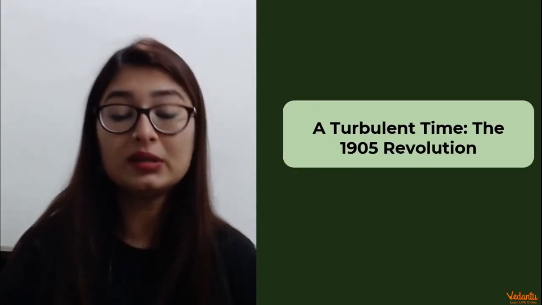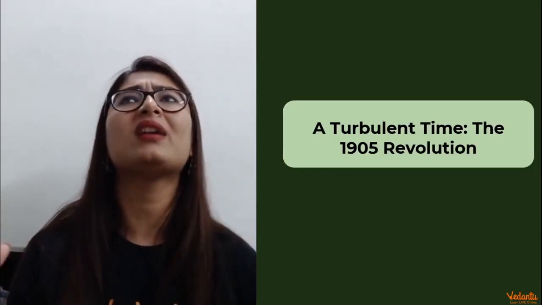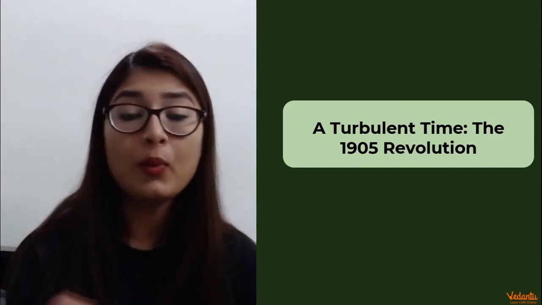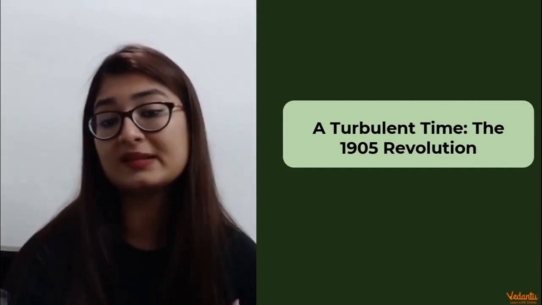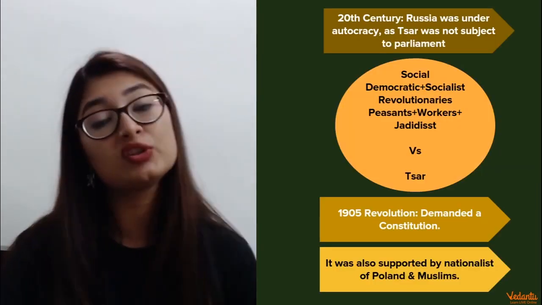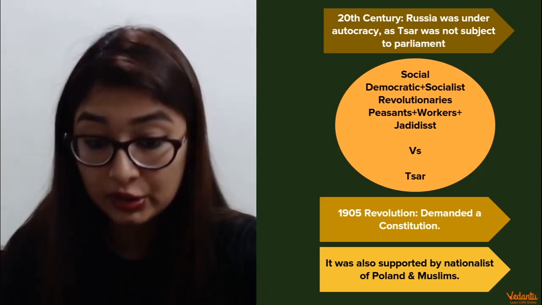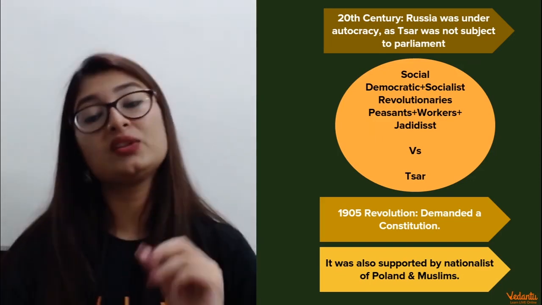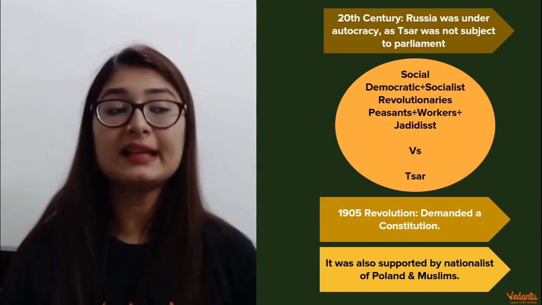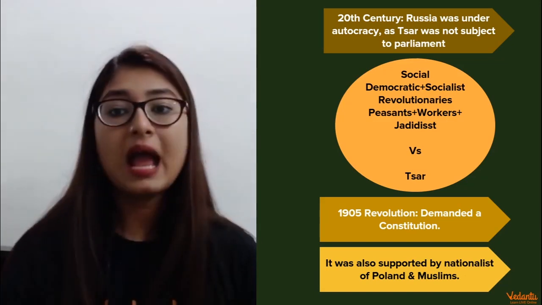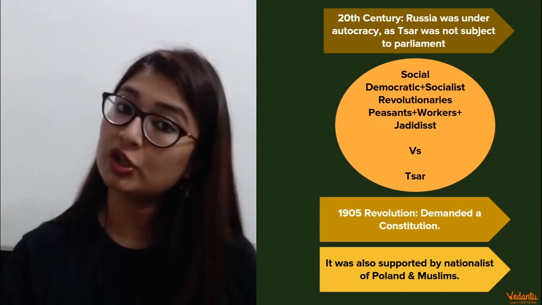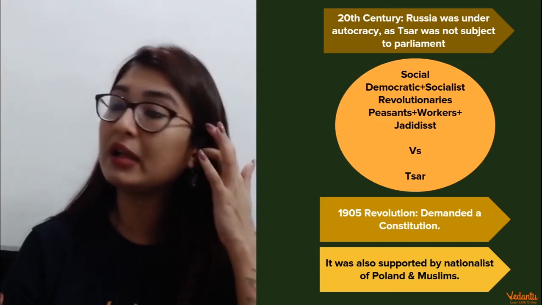Now let's talk about the turbulent time. There was a lot of turmoil and disturbance in the society of 1905, which ultimately led to the revolution. Now in the 20th century, as I told you, the Tsar was there, and he was not subject to the parliament. Absolute monarchy was there.